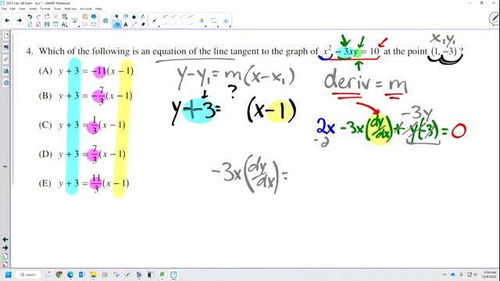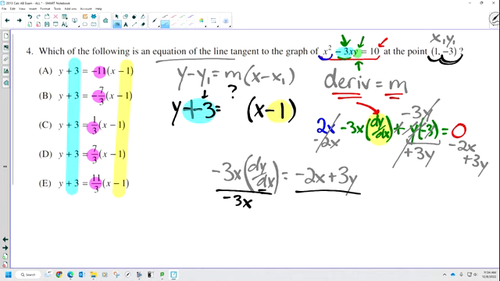I've got to subtract 2x from both sides, and then add 3y to get rid of this. So I've got minus 2x plus 3y. Last thing to get this alone is to divide by negative 3x. Bye-bye. That's my derivative, also known as our slope.